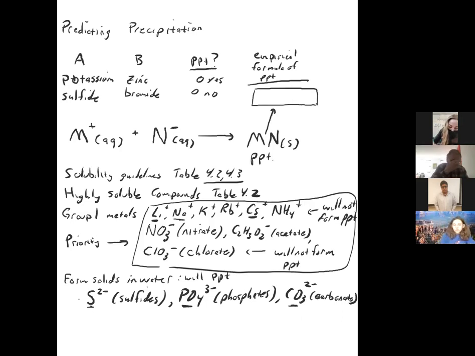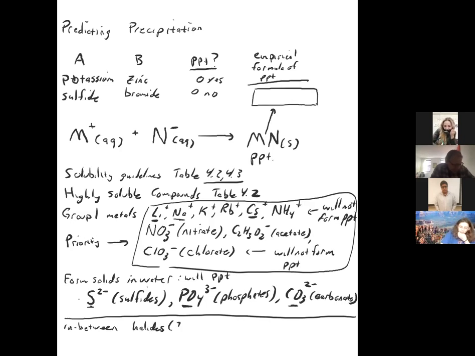Often there's not a contradiction, okay? Let me give you one more sort of in between. So it's the halides, group 7A. So that's chloride, bromide, and iodide. They don't precipitate unless they're with 3 specific ions.